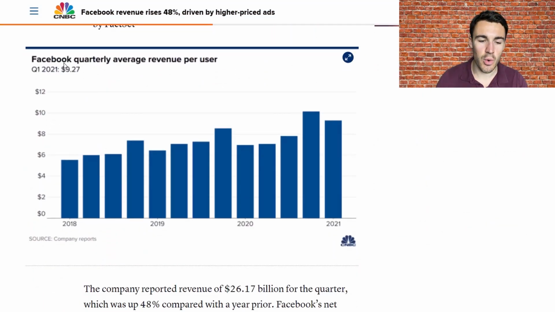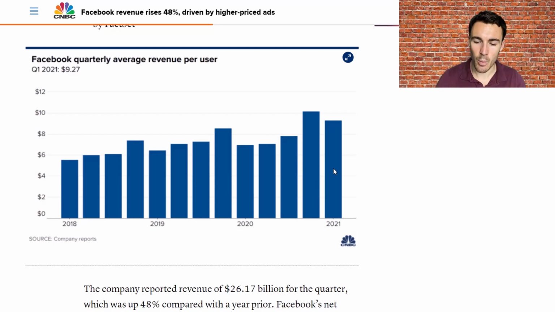So this is quarterly results, and this is quarterly average revenue per user. This is Q1 2021, so that ended fairly recently. We're in Q2 2021 as we're recording this video. Now it looks like it's gone down on the quarters, but you have to fully discount Q4, because revenue is always higher, there's a lot more advertiser activity, there's Christmas, all that sort of stuff.